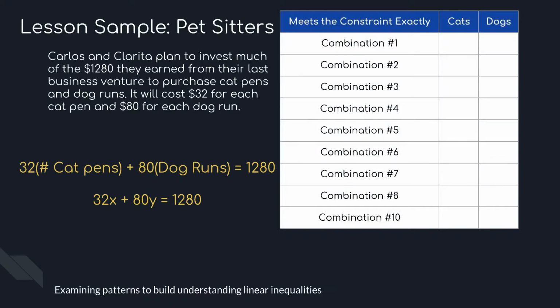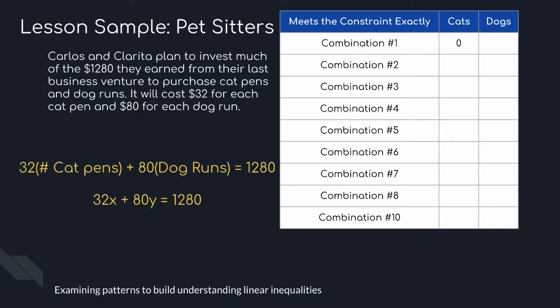We're going to create a table of values for those combinations that meet the constraint exactly, and we're going to use a similar approach that was developed in an earlier video. We're going to look at some of one and none of the other. We're going to be looking at when we have all cats and no dogs, and all dogs and no cats.